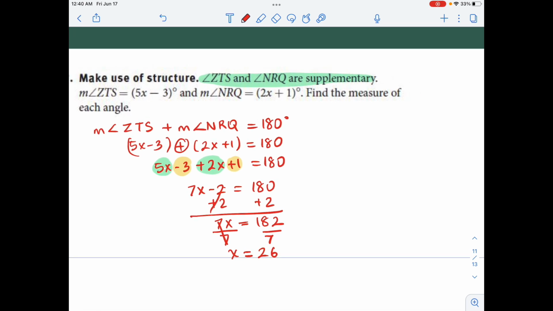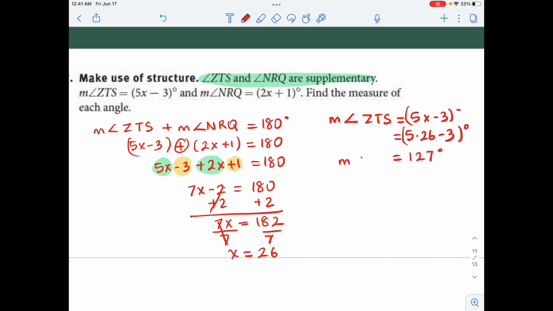If x is 26, we can find each angle. So measure of angle ZTS was 5x minus 3 degrees. So we can just plug it in. 5 times 26 minus 3 degrees, which will be 127 degrees.